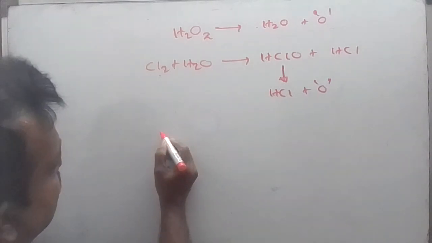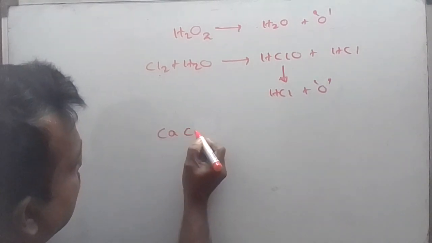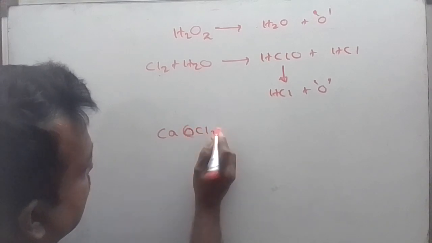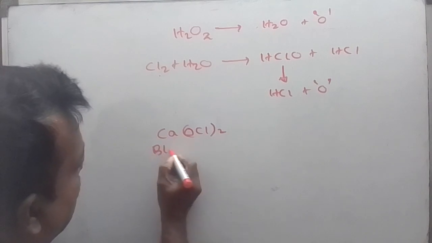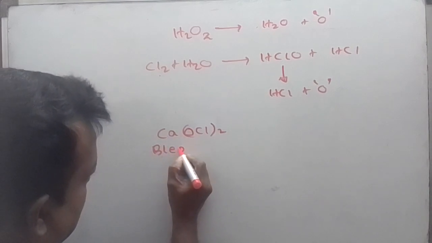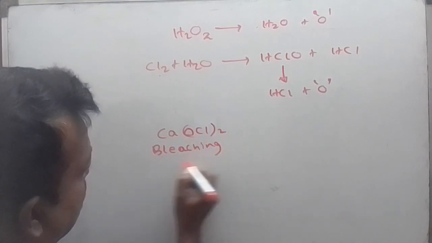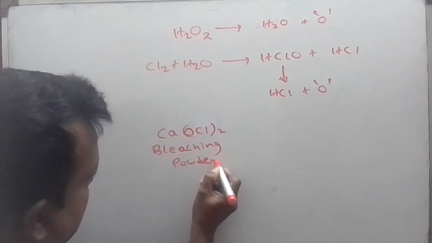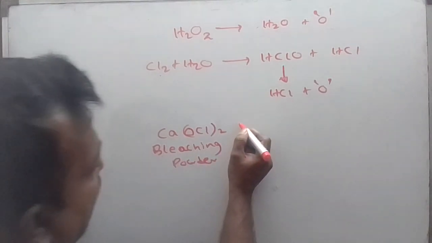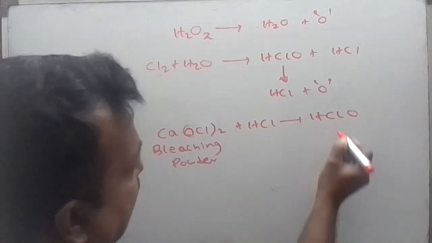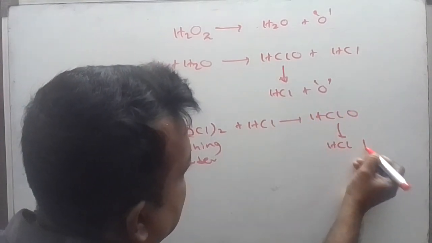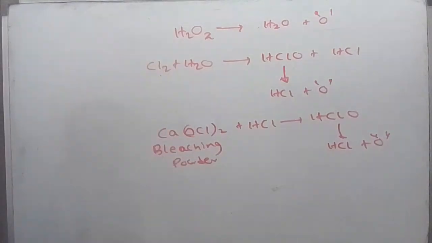Then the other one is calcium hypochlorite. This is said to be bleaching powder. Right? In the presence of acid, it produces HClO, and HClO breaks down to HCl and atomic oxygen.